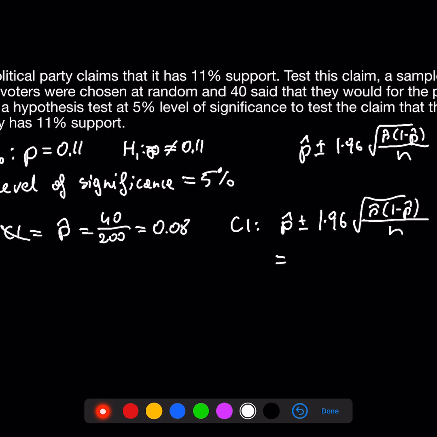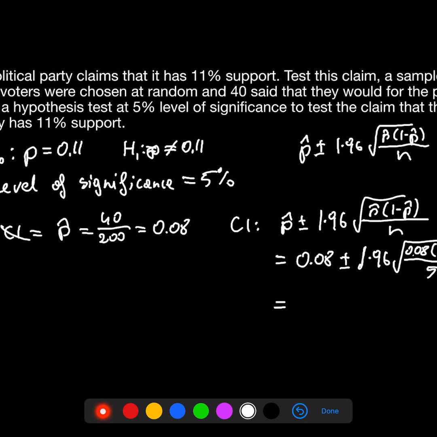Subbing the values in, that's 0.08 plus or minus 1.96 times the root of 0.08 times 1 minus 0.08, all divided by the number of items in the sample, which is 500.